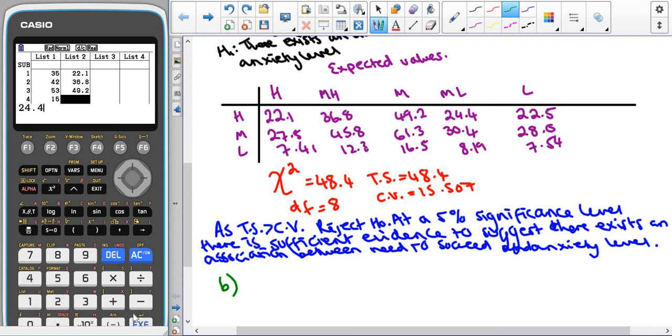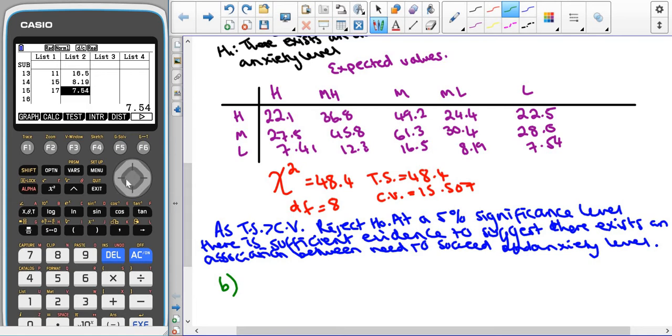So 24.4, 22.5, 27.5, 45.8, 61.3, 30.4, 28, 7.41, 12.3, 16.5, 8.19, and 7.54. And again, just a quick double check.